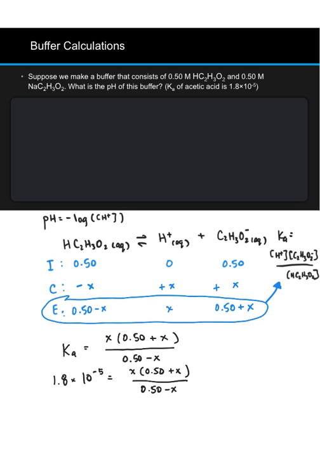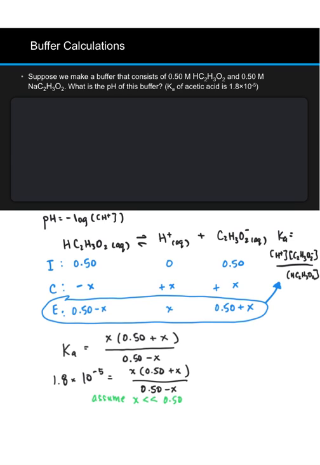At this point, in order to avoid solving a quadratic equation, we're going to make a simplifying assumption. We'll assume that X, the amount of hydrogen cation produced at equilibrium, is much, much less than 0.5. This seems like a valid assumption because by Le Chatelier's principle, since we start our reaction with both some acetic acid and some acetate, this reaction should generate a sparingly small amount of H plus cations by the time equilibrium is achieved.